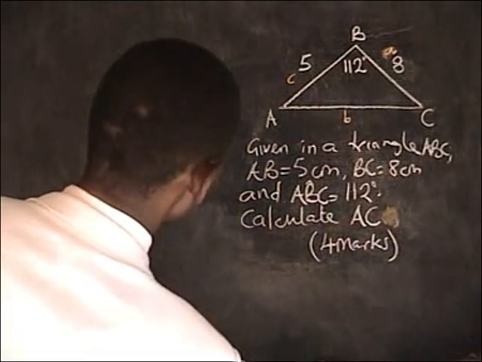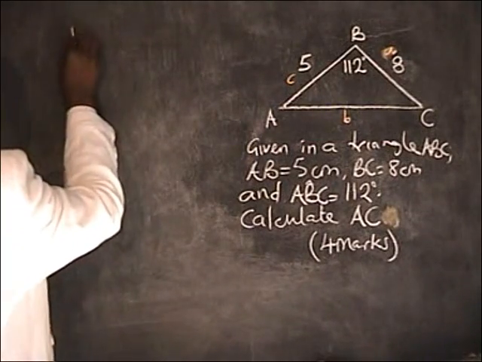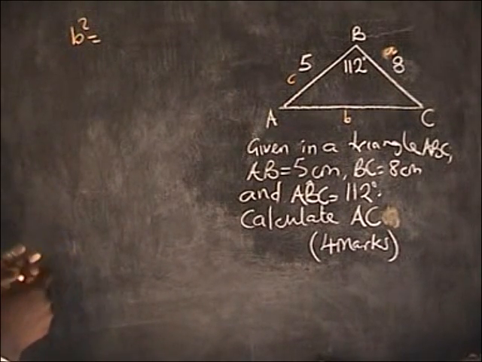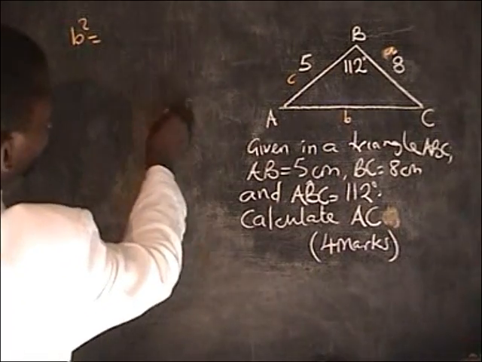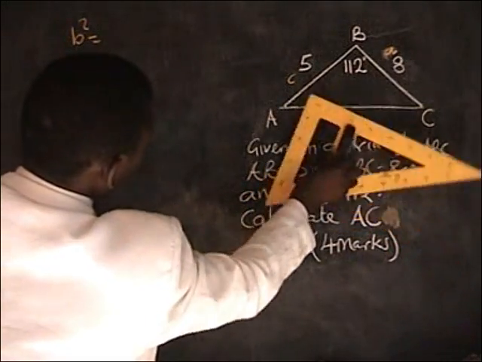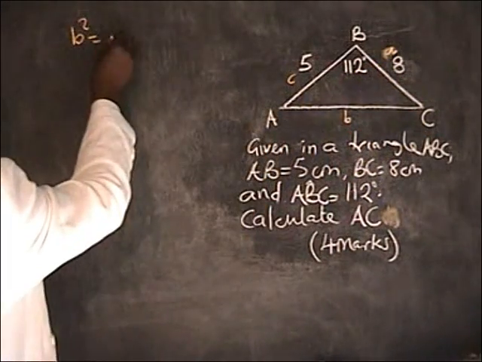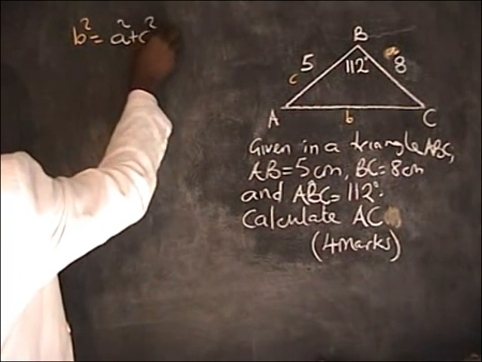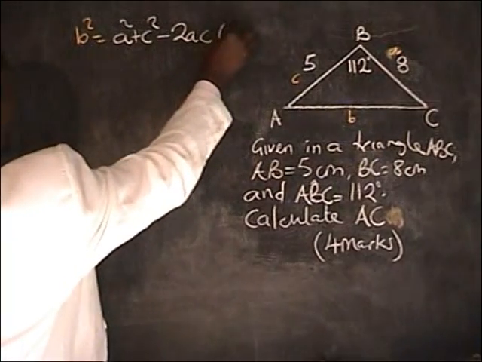So now, how do we get this AC? This goes as small letter b squared equals, after an equal sign, if you cover b there, you are going to be able to see a and c. After an equal sign, a squared plus c squared minus 2ac, then cosine.